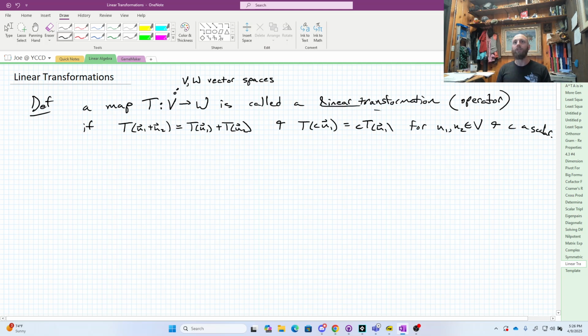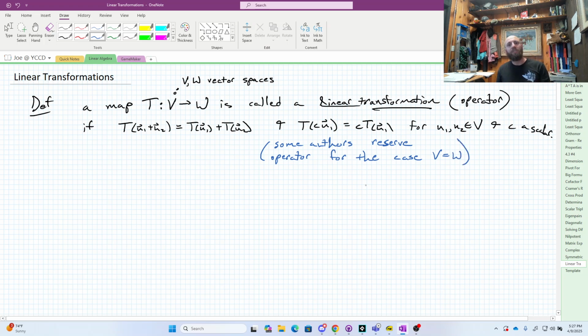That's the kind of definition that I'm making. I'm going to add this little caveat here. Some authors reserve operator for the case V equals W. In other words, some authors would say that a properly rectangular matrix is a linear transformation, but not a linear operator.